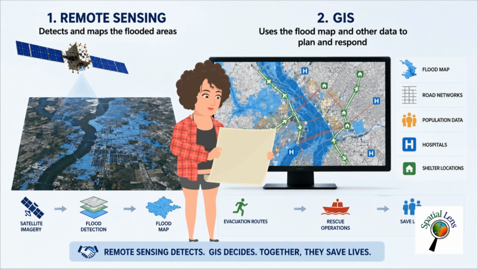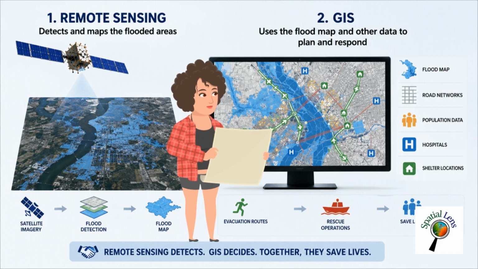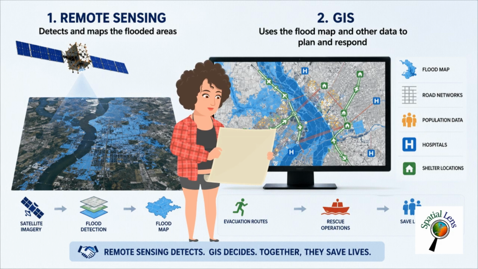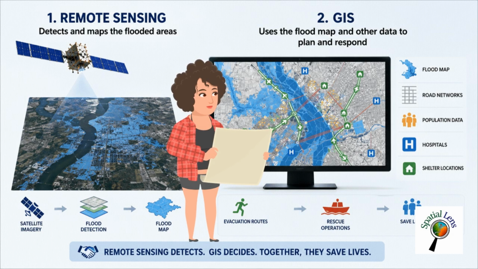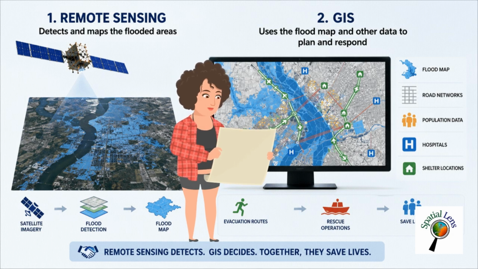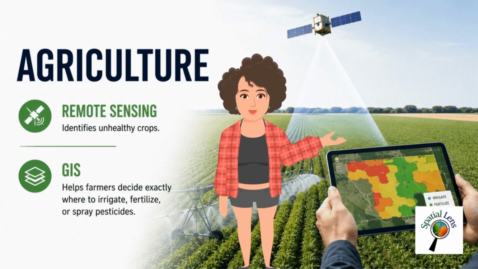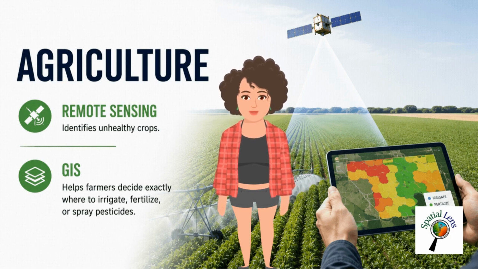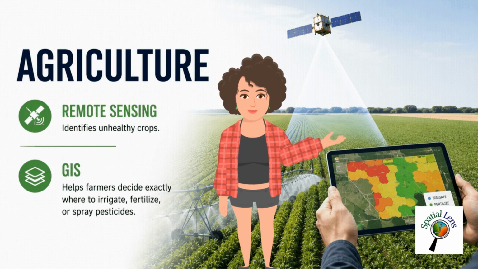For example, during a flood, remote sensing detects and maps the flooded areas. GIS then uses that flood map along with road networks, population data, hospitals, and shelter locations to plan evacuation routes and coordinate rescue operations. In agriculture, remote sensing identifies unhealthy crops, while GIS helps farmers decide exactly where to irrigate, fertilize, or spray pesticides.